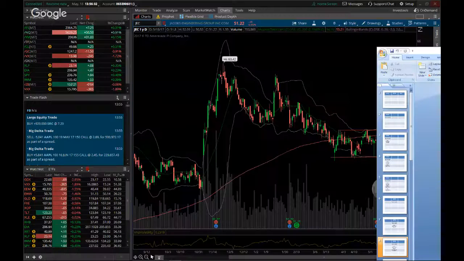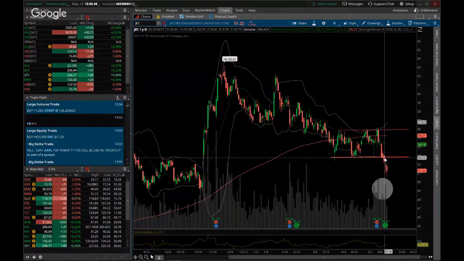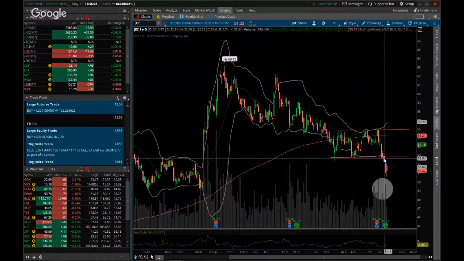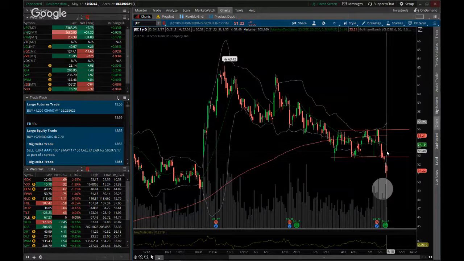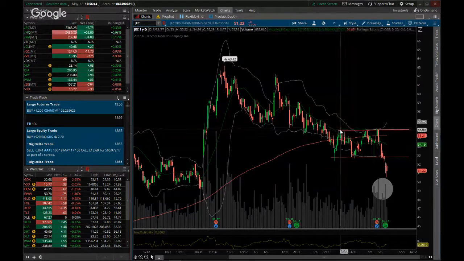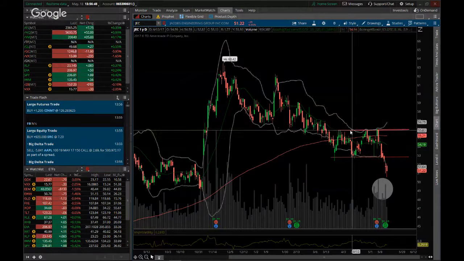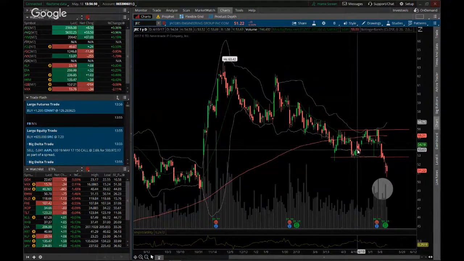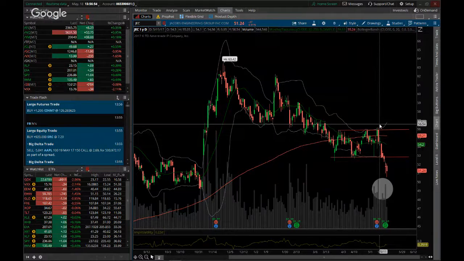Now, here's why we say that. If you're going to play a breakdown, you know your entry price, and you know that, all right, maybe it wiggles around a little bit, but if at any point it goes over these highs, it's no longer a breakdown. In fact, it's no longer a sideways consolidation. Every technical trader on the planet's going to say, well, that's now going to go higher.